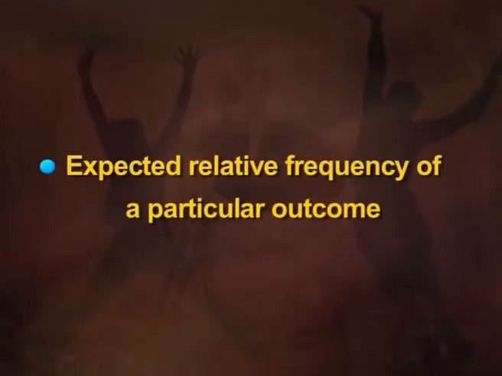The normal law of probability curve is based upon the law of chance of events. In common terms, probability means uncertainty, but in research and statistical terms, probability is defined as the expected relative frequency of a particular outcome.